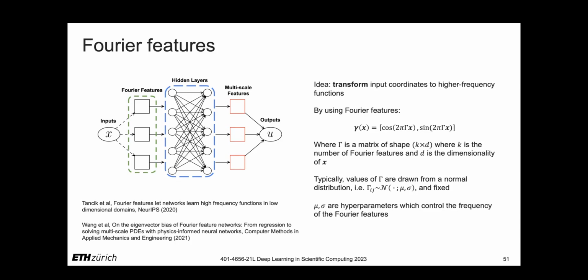So you start with a range of Fourier features. Typically we draw these values from a normal distribution, where mu and sigma are hyperparameter choices that we have to make, because we want the inputs to generally cover this range of frequencies.